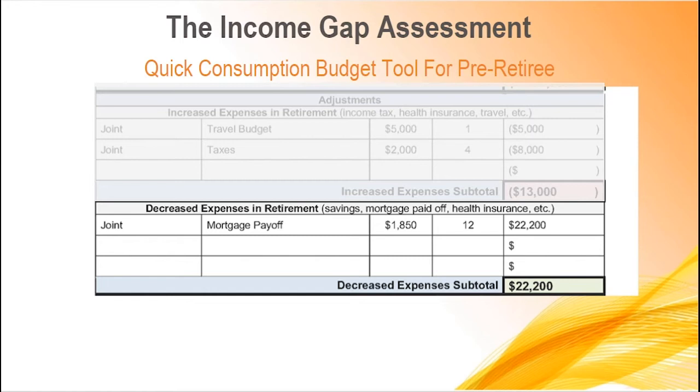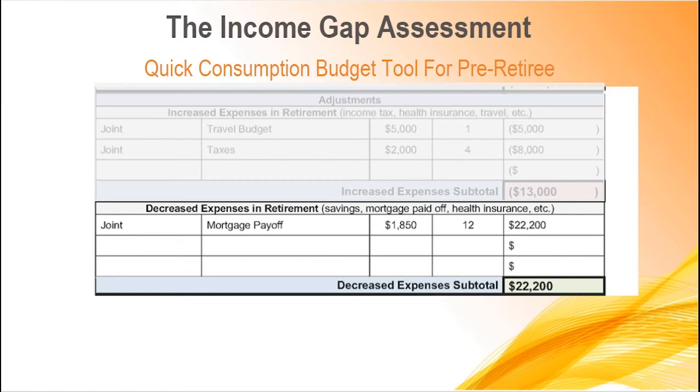Why pay tax on it and take money out if they don't need it? So if they told me they were accumulating savings, I would just add an adjustment that said savings. I would put the amount of savings they're averaging, and that would actually become a decreased expense in retirement.